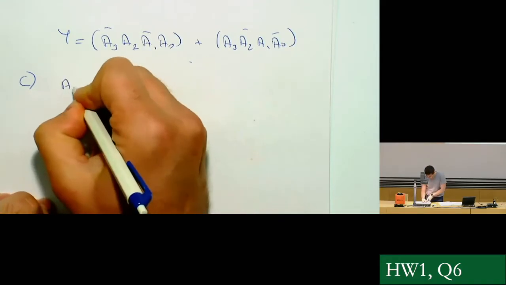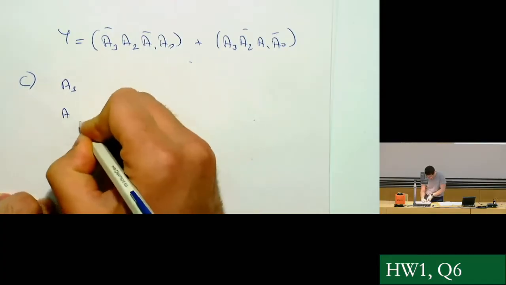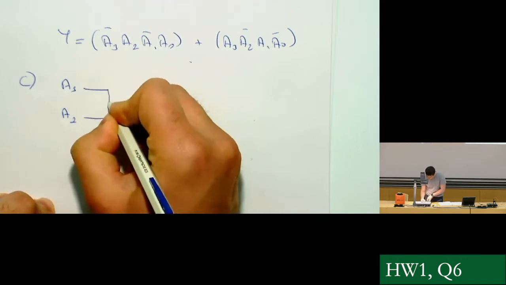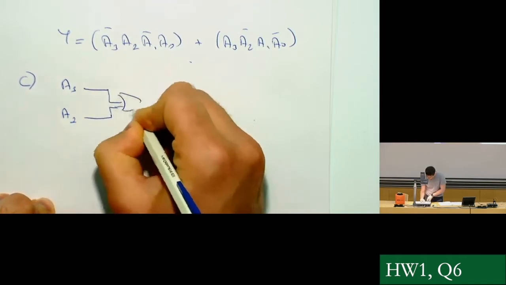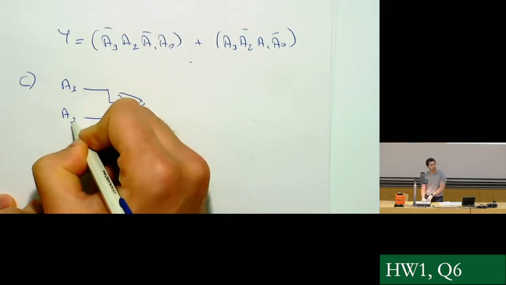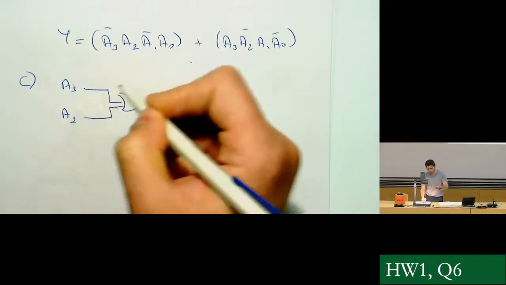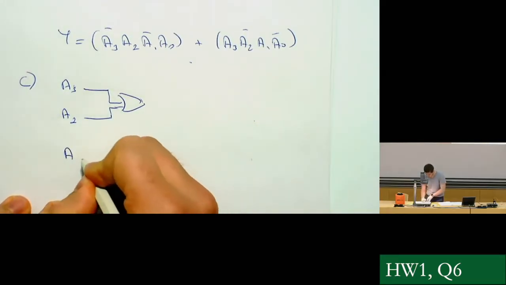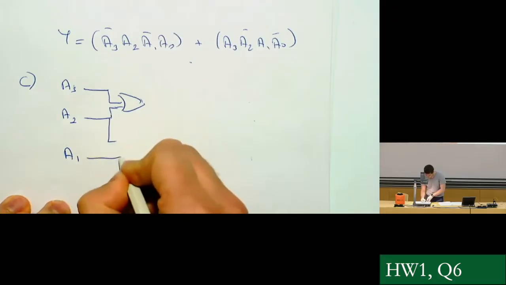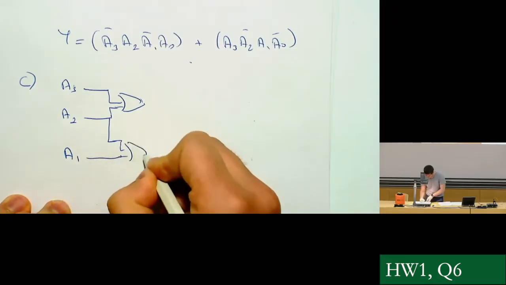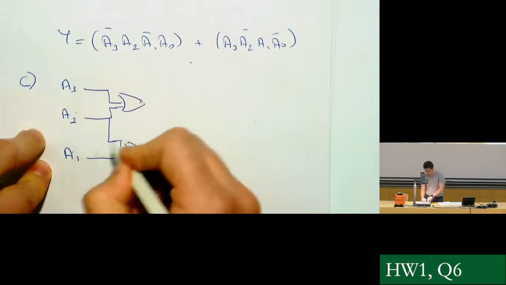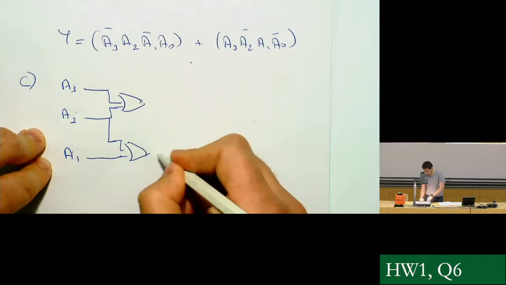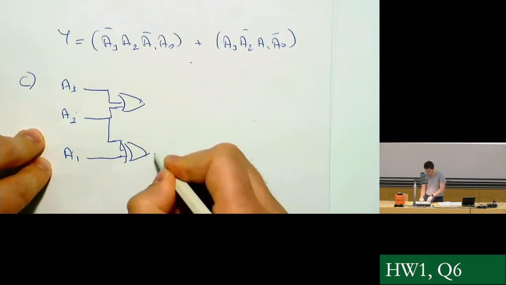So those shouldn't be equal to each other. So then how can I write it in that manner is basically, so this ensures that those two inputs won't be equal, or it will give 1 when those are not equal to each other, let's say. For this one, this says that when A2 and A1 are not equal to each other, then the XOR will give us the 1 again.